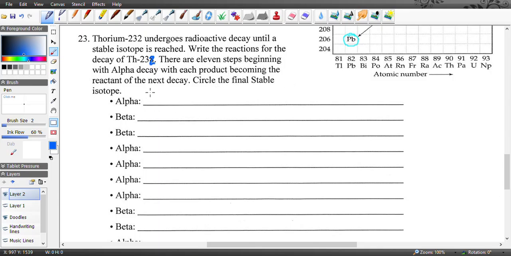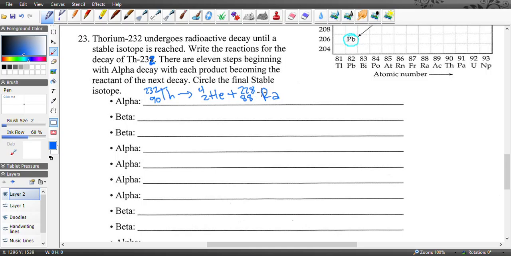Okay. So 232, Th for thorium, and it's going to be 90 when you look it up. Undergoing an alpha decay, 4 2 He, plus that minus that is going to give us 88. And that minus that is going to give us 228. And that's going to be there.